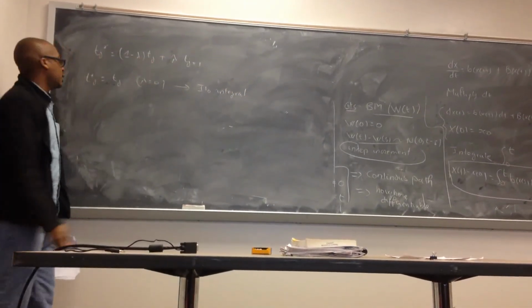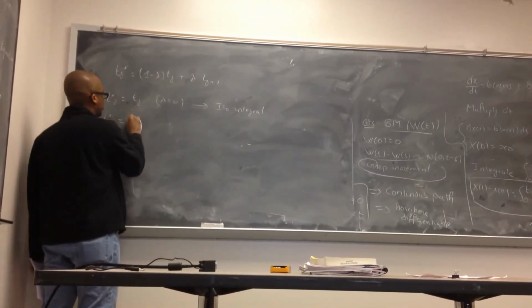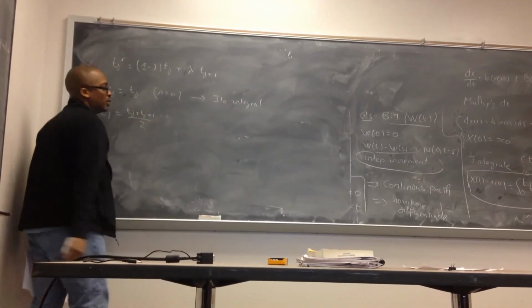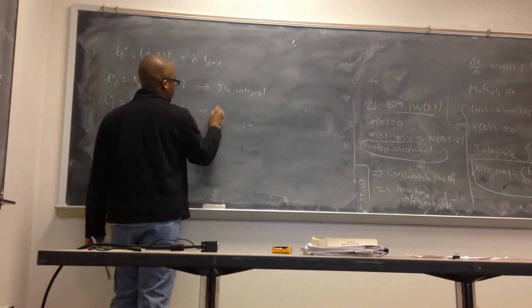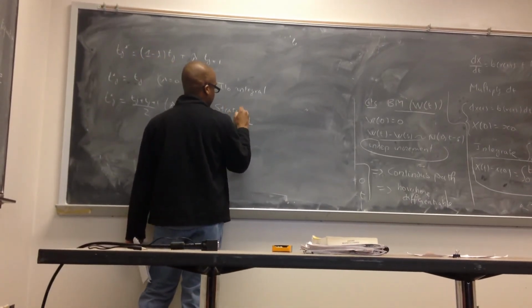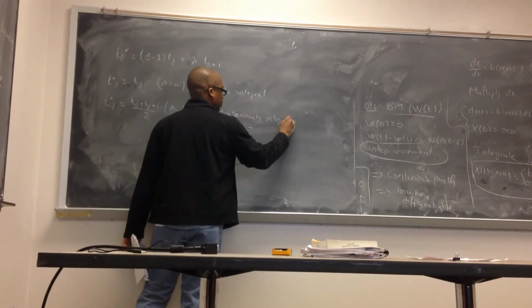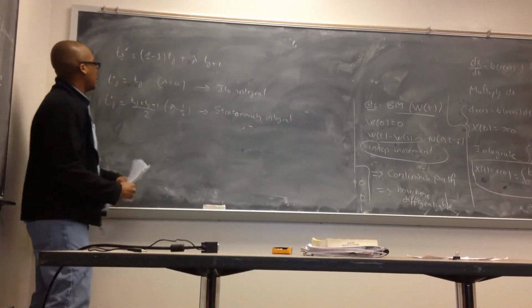If you take TG star to be the midpoint, so lambda equals 1/2, you have what is called a Stratonovich integral.